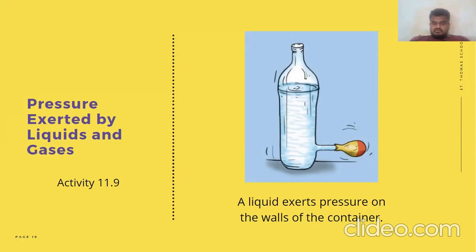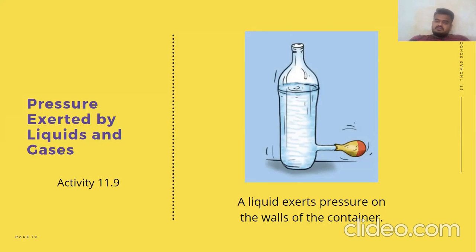What they actually want to say is that if you attach a glass tube or a tube at the wall of a bottle, a water bottle or a soft drink bottle, Thumbs Up or Pepsi or 7 Up, whatever, make a hole at the side wall of the bottle and attach a glass tube or a tube with it.